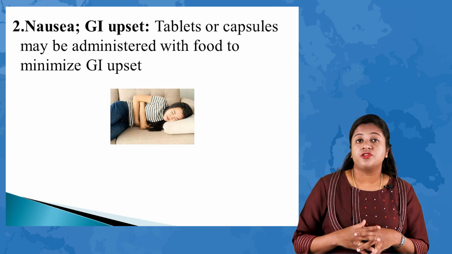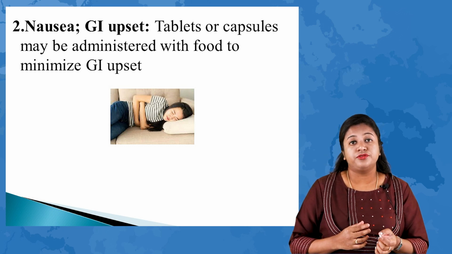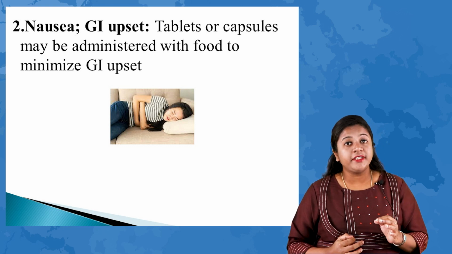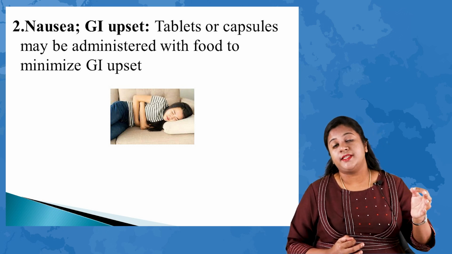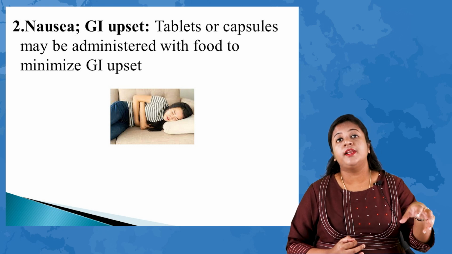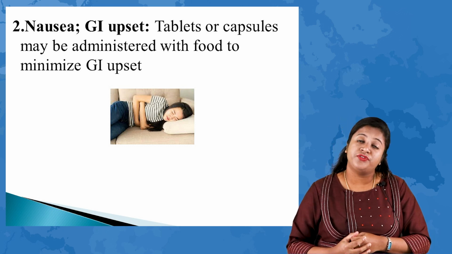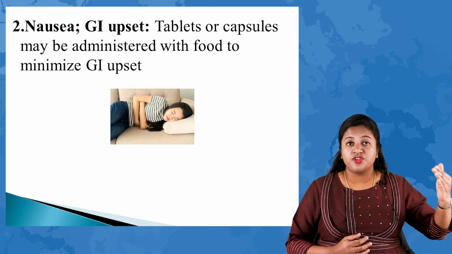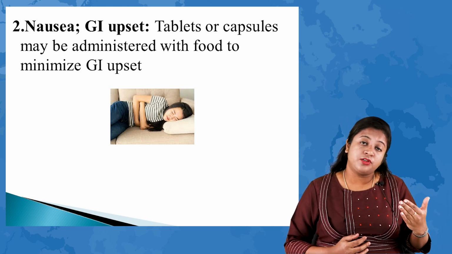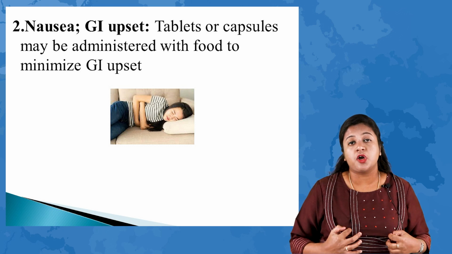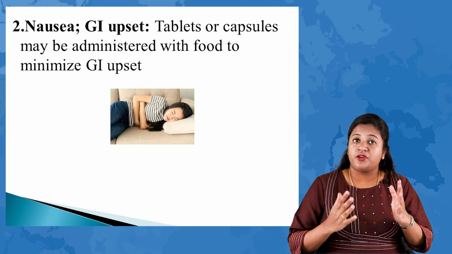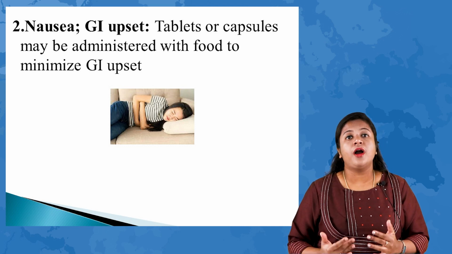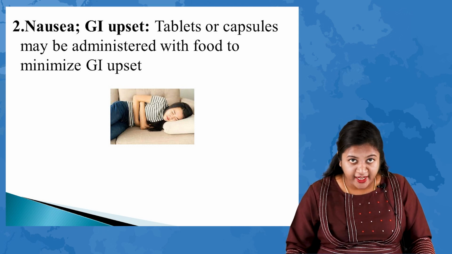Always instruct the client to take the drug with food to avoid gastric irritation, and to avoid taking antacids, because when antacids are taken, it will decrease the absorption of the antipsychotic drugs. So always instruct the client not to take antacids just because of the GI upset, but rather encourage the client to take the drug with food to avoid these GI problems.